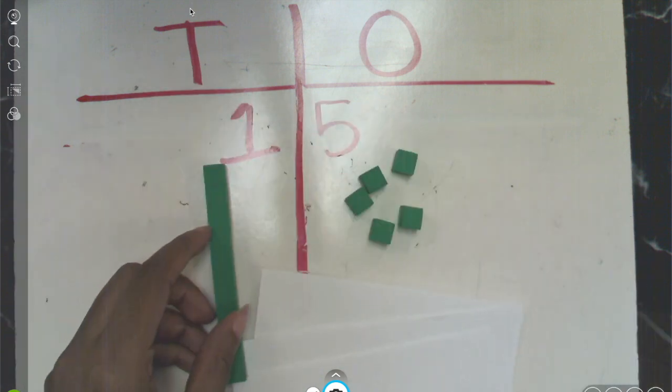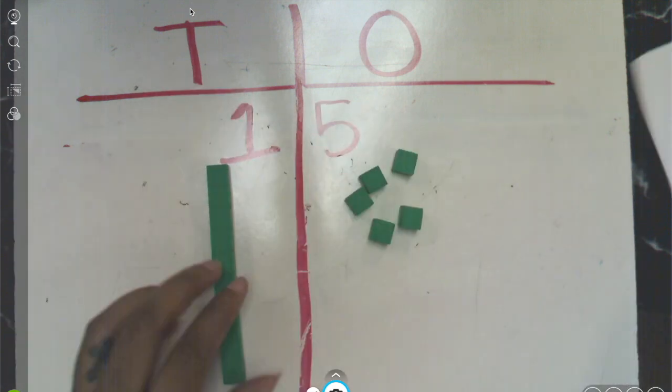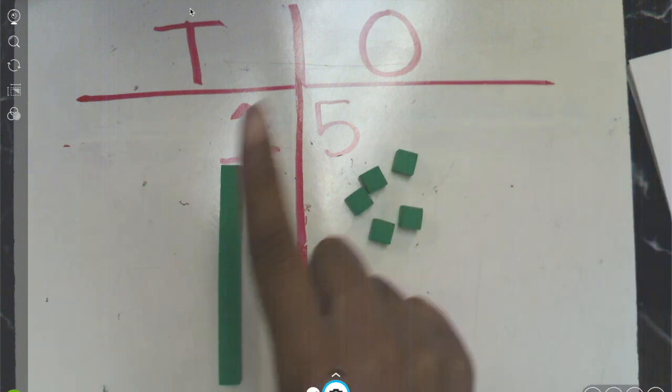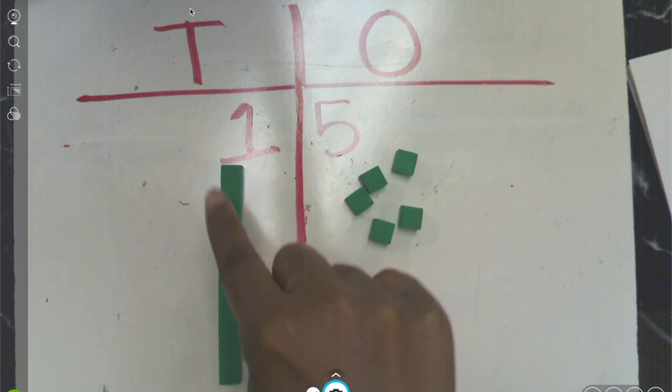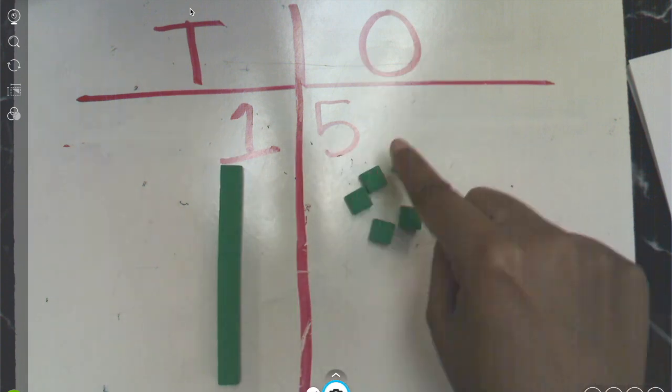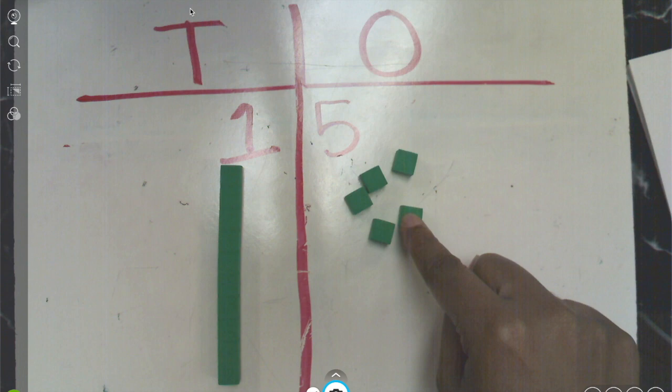Okay, so now let's count them based on their value. So I have 10. I have to count on these by 1. So 10, 11, 12, 13, 14, 15.